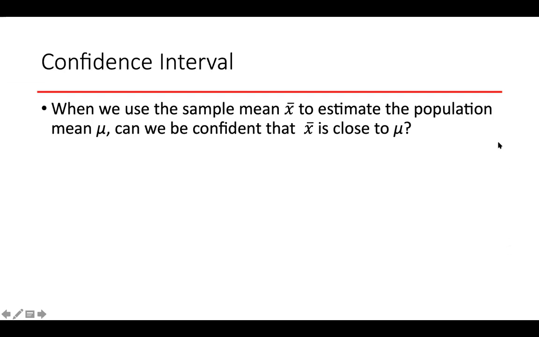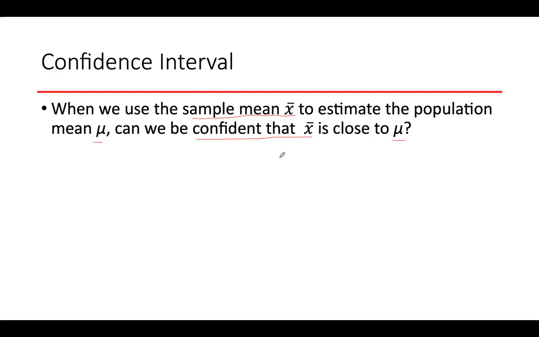I would like to talk about confidence interval, okay? And why talking about this, I think the topic will be more clear in your minds when we talk about confidence interval, okay? When we use sample mean x bar to estimate the population mean mu, how can we be confident that X bar is close to mu?